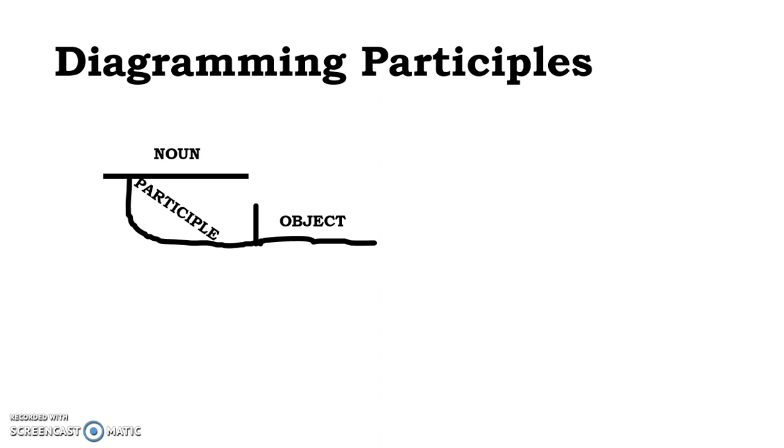That would be a participial phrase at the beginning. Watching would be the participle itself, and then the direct object of that participle would be Casablanca, the thing that I'm watching. I would diagram it like this, just drawing my little half line as I would with any direct object on the main baseline. The participle is written diagonally, kitty-cornered into the participial slope, and then the object goes after the half line.